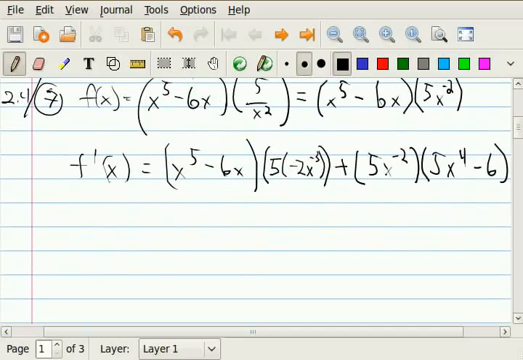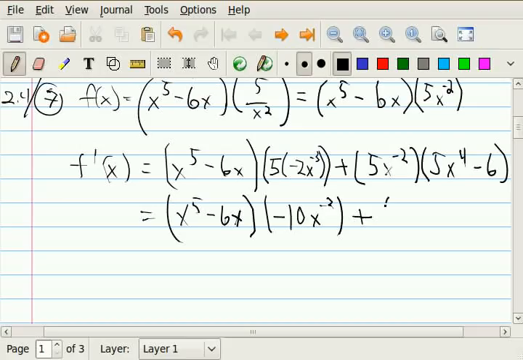So basically all I need to do here is simplify. I've got x to the 5th minus 6x, times, let's write that, negative 10 x to the negative 3, plus 5x to the negative 2 times 5x to the 4th minus 6. Now I can multiply through.